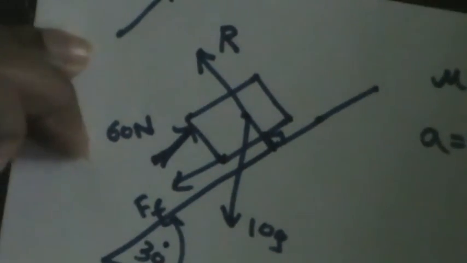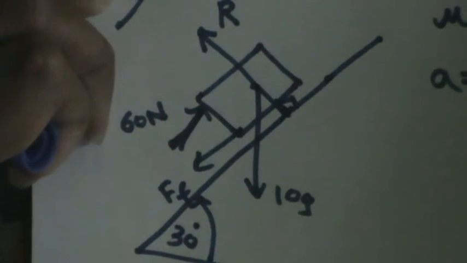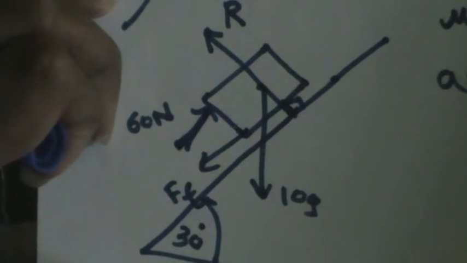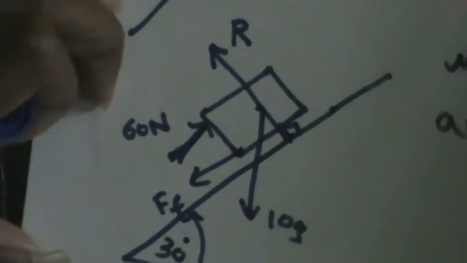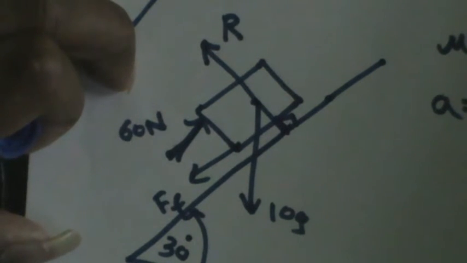Now this object has been kept on an inclined plane. The weight is vertical, but you can decompose the weight into its components. You cannot decompose it in the horizontal direction; instead you can decompose the weight parallel to the inclined plane and perpendicular to the inclined plane.